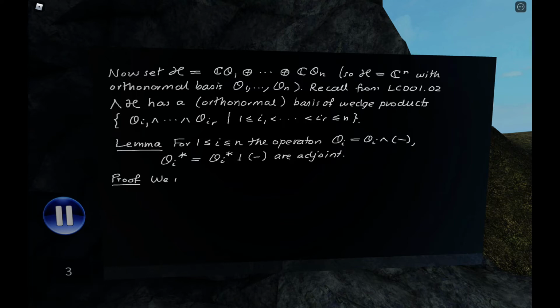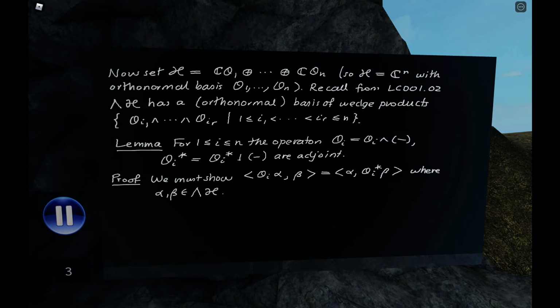Okay, so we have to show that if I act on alpha and then pair with beta, it's the same as acting on beta and pairing with alpha, for any alpha, beta in the exterior algebra.